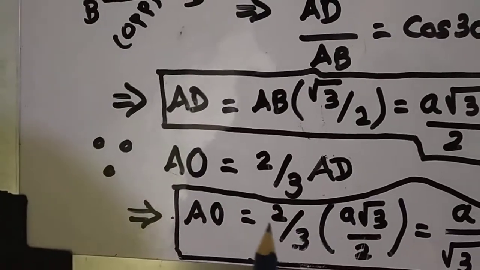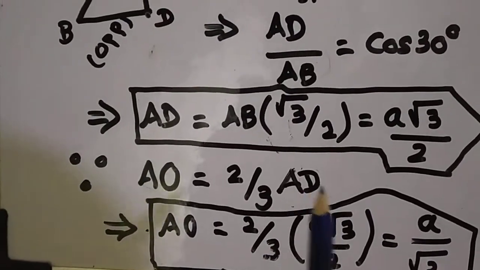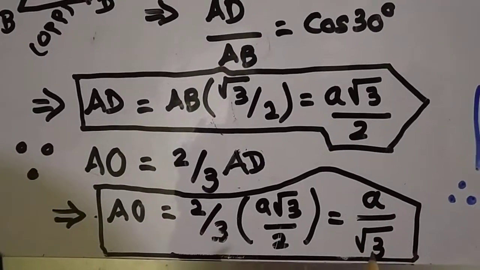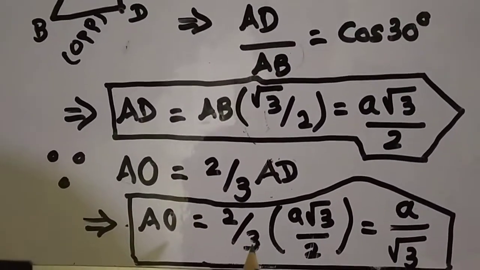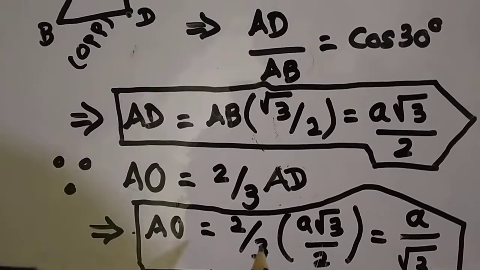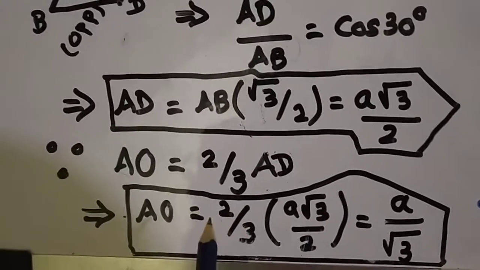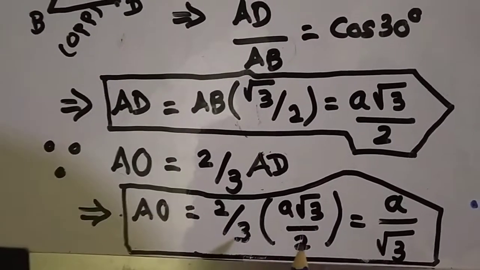So AO is equal to 2/3 of A root 3 by 2, which is nothing but A by root 3, because 3 can be written as root 3 into root 3. One root 3 from here and another root 3 from here will cancel, and the 2 will get cancelled. So we get A by root 3.